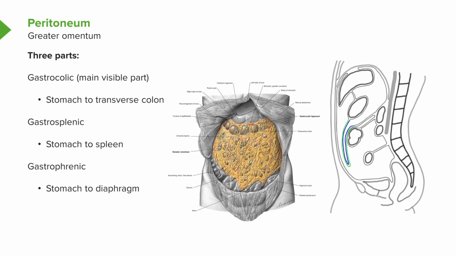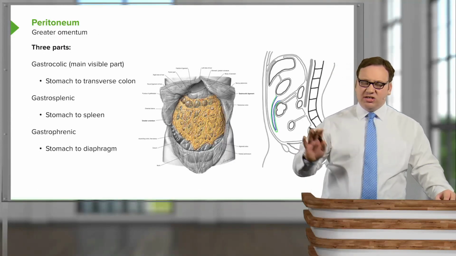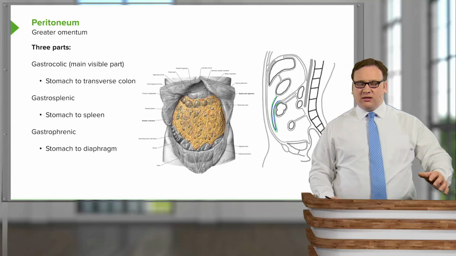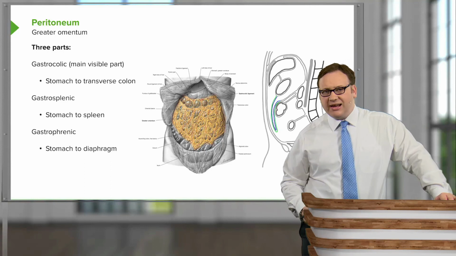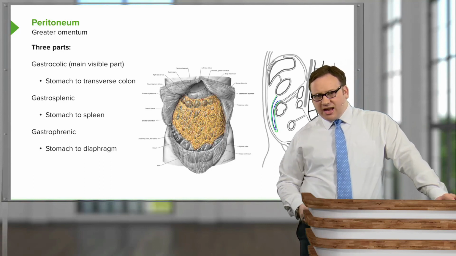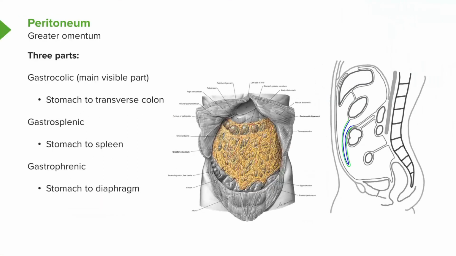So all of this bit here is known as the gastrocolic ligament. Difficult to see on these diagrams, but an extension towards the left, the greater omentum extended from the stomach to the spleen, gastrosplenic ligament. It can then extend all the way up and pass from the stomach to the diaphragm, gastrophrenic ligament. So gastrocolic is this main visible part here, gastrosplenic, stomach to spleen, gastrophrenic, stomach to the diaphragm.